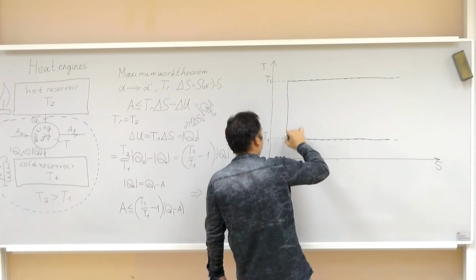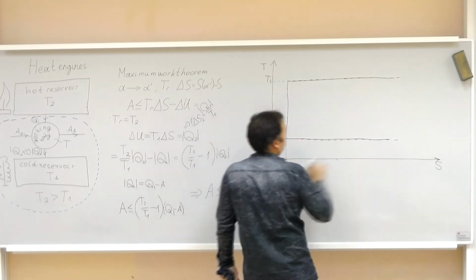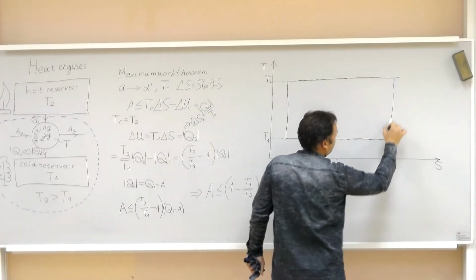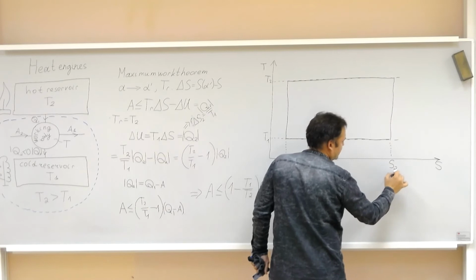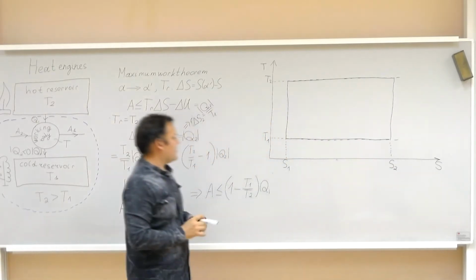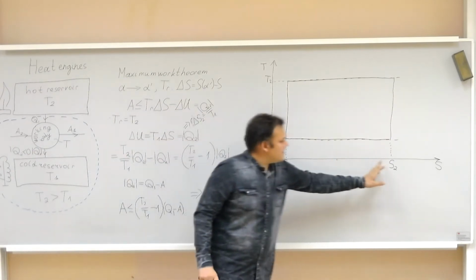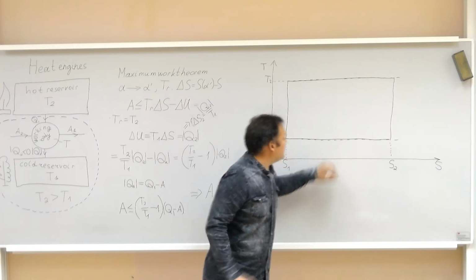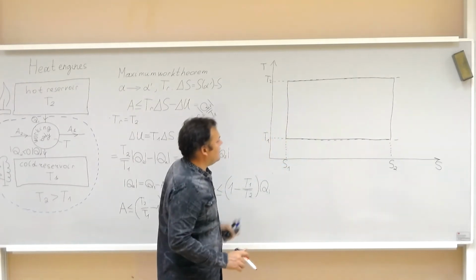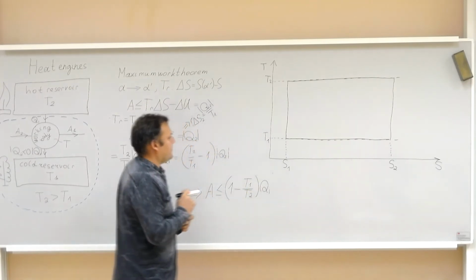And here we have the axis for entropy. Let me denote the lowest and highest values of the entropy by S1 and S2. Let me mention that S1 and S2 are the parameters of the cycle. So we expect they can be changed without changing efficiency.